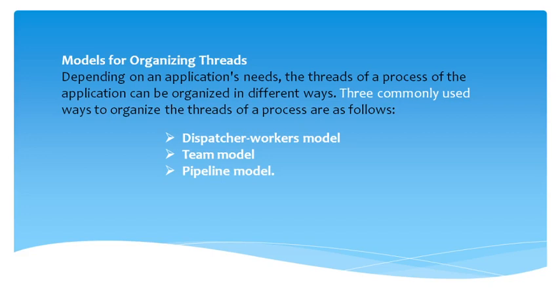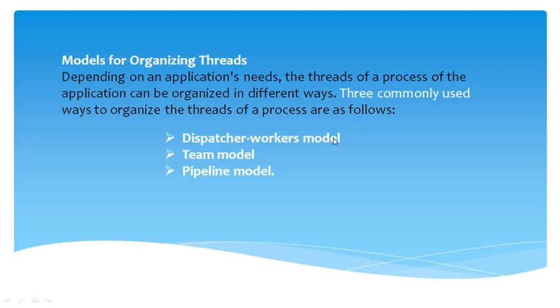Depending on application needs, one application requires some type of resources, another application's needs will be different. Both will not match. So the threads of a process of the application can be organized in different ways. In order to meet the needs of the user, threads can be organized in three different ways.